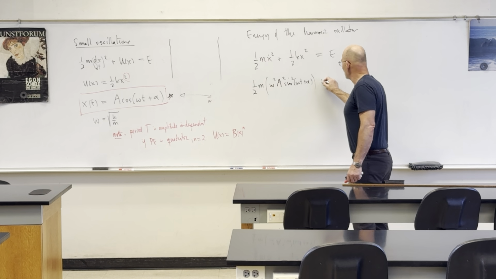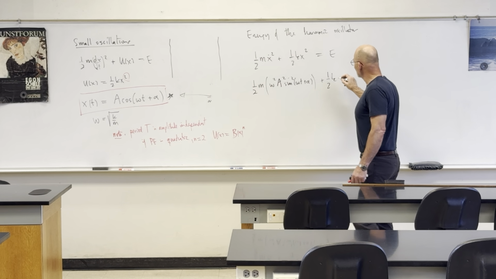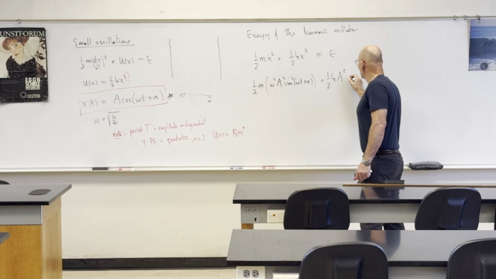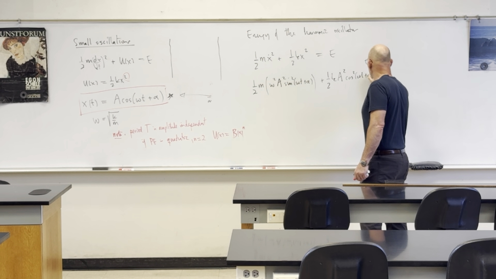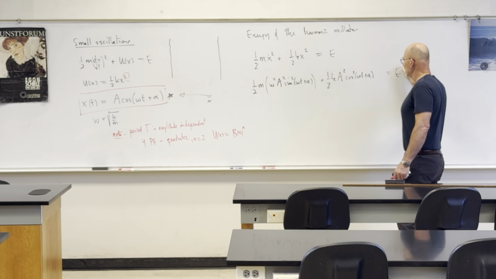And then we'll have 1/2 k, and the x squared will be a squared cosine squared of omega t plus alpha, equals E.